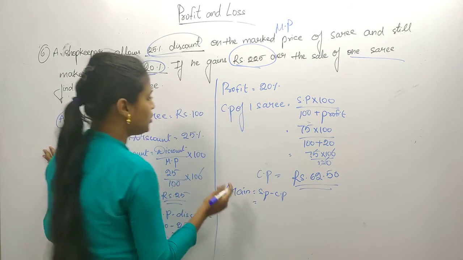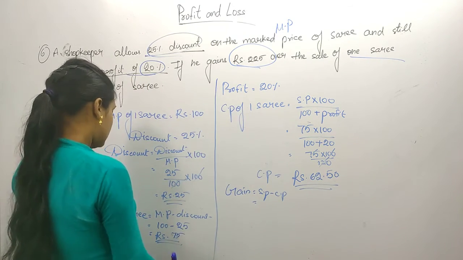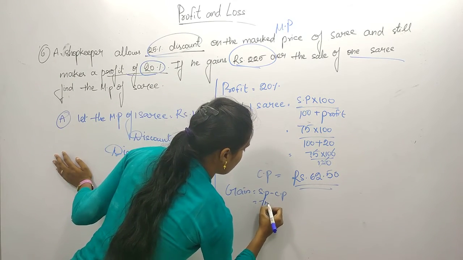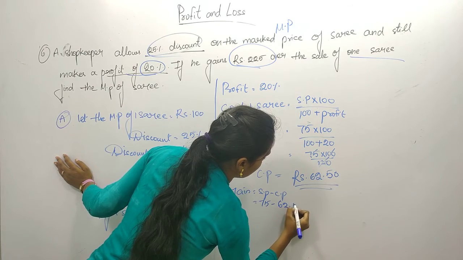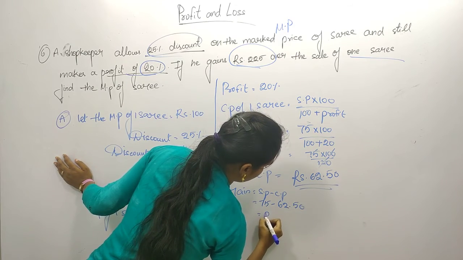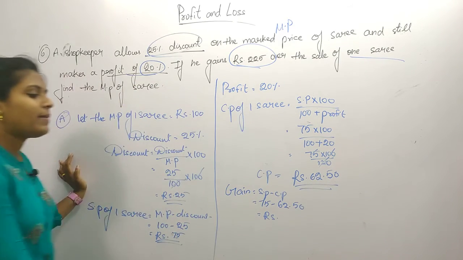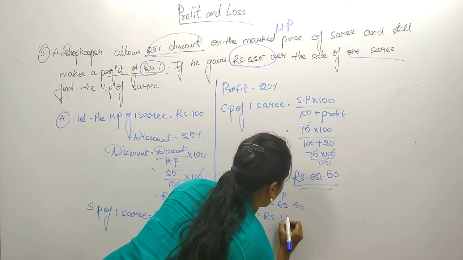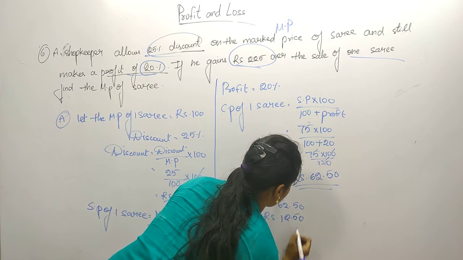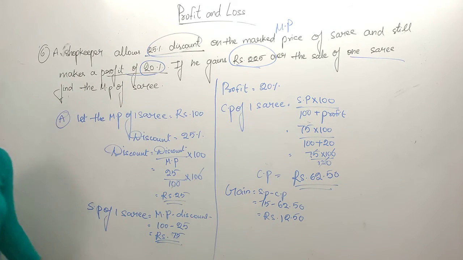Selling price is 75 minus cost price 62.50. By subtracting both, 75 minus 62.50, what answer will we get? 12.50. Gain of rupees 12.50 we got.